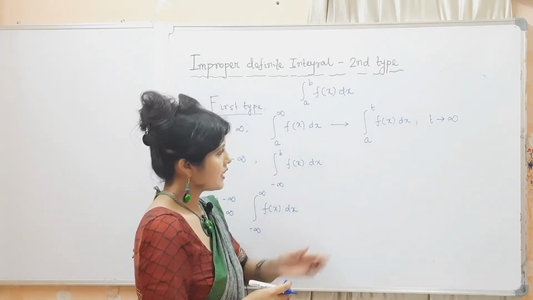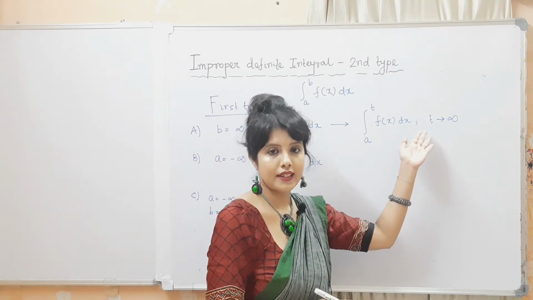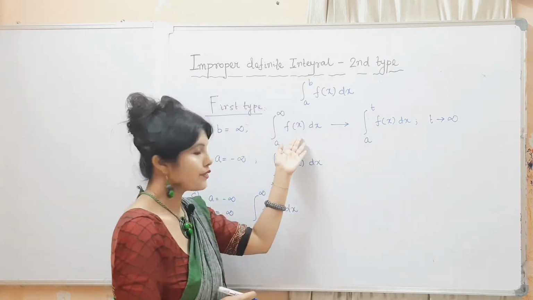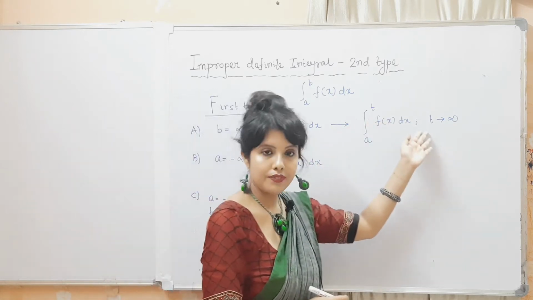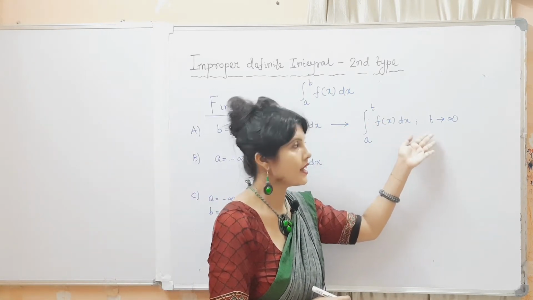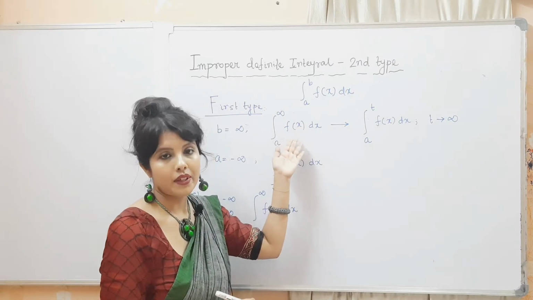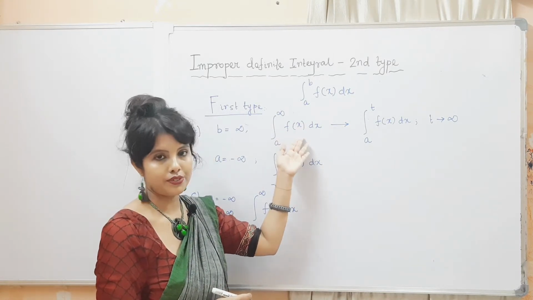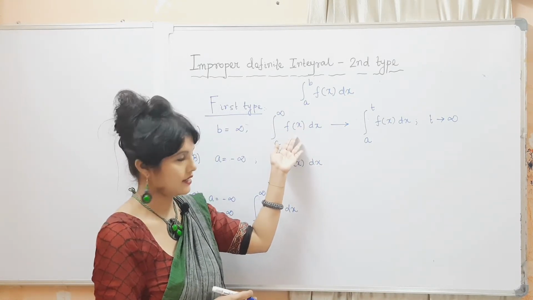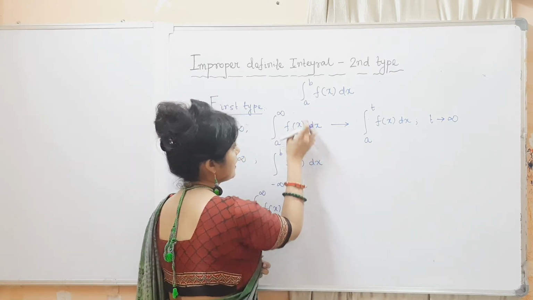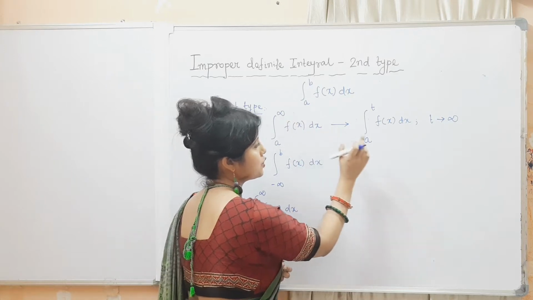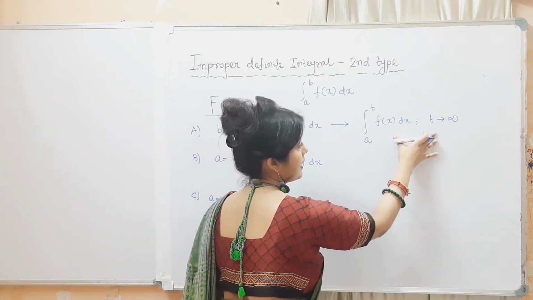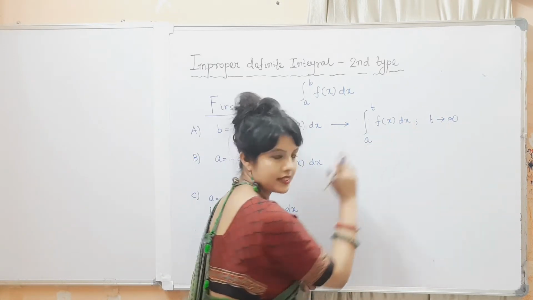If the value of the limit exists finitely, then that would be the value of the integration. If the limit does not exist, then there is no meaning of the existence of this kind of integration. So for having a finite value of this integration, you should have a finite value of this limit.